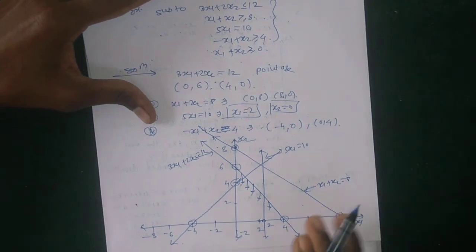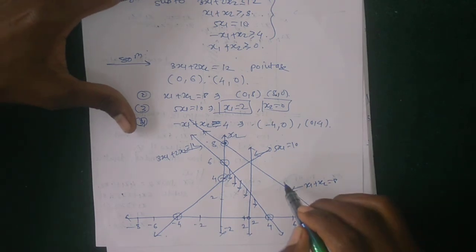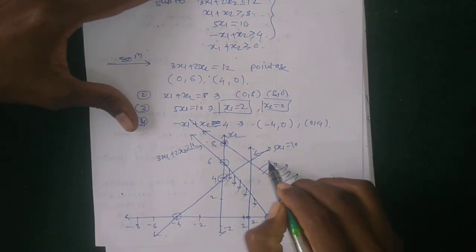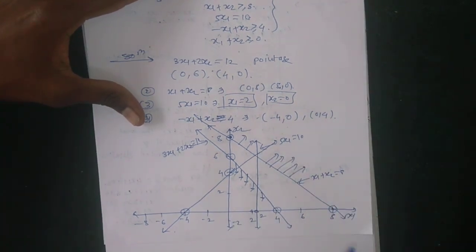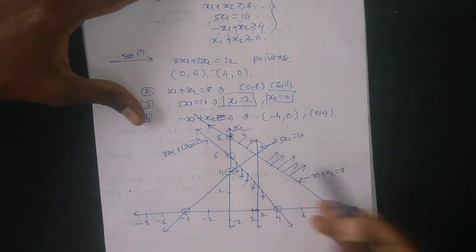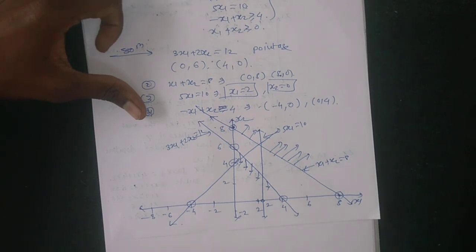Then for second, x1 + x2 ≥ 8, this is greater than or equal, means region is the upper side of this line. Okay, means here no common region, because for two lines there is no common region, which implies that given LPP has infeasible solution.